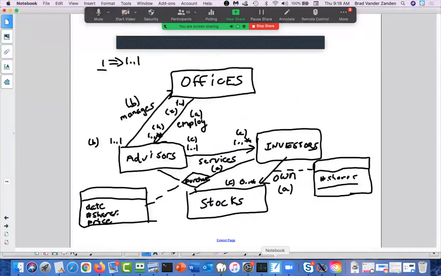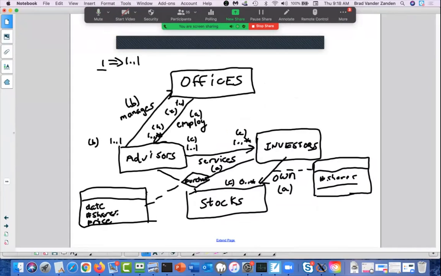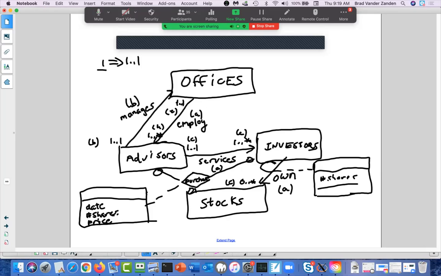If you look at what I have, you'll see I'm missing a multiplicity here. I don't have any multiplicities on my edges for the purchases relationship. I don't have anything here, so I'd have to fill this in as well.